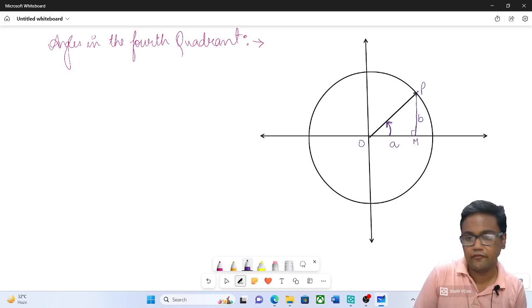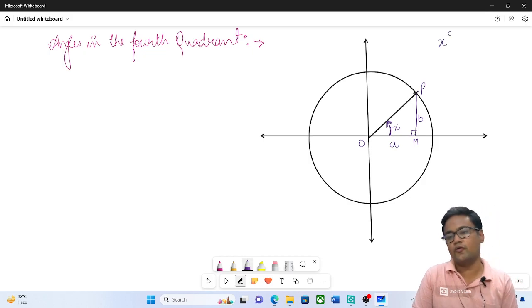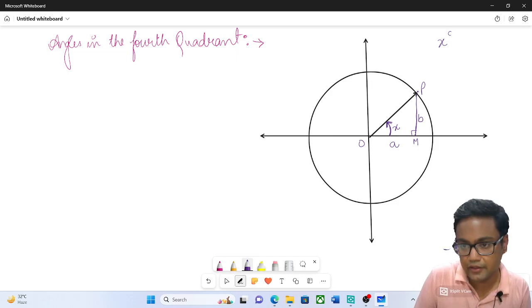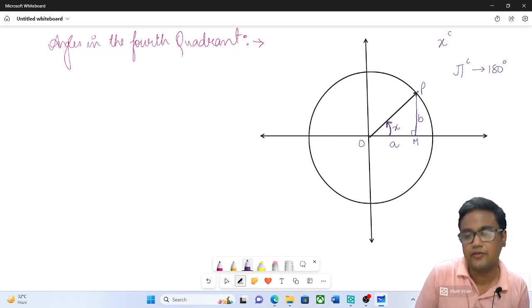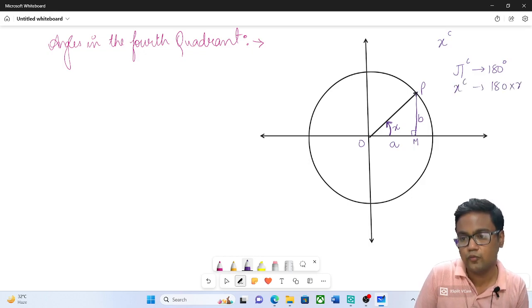If you are taking it in radians, let us say this is x radians. So in order to find the angles in degrees, children, what do you do? Because in pi radians there are 180 degrees, in x radians there will be 180 into x by pi degrees.